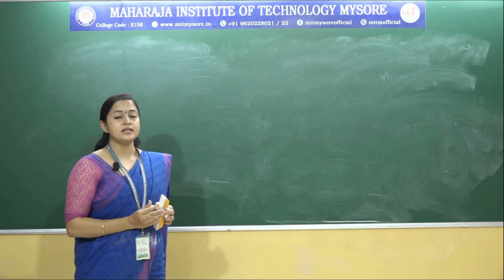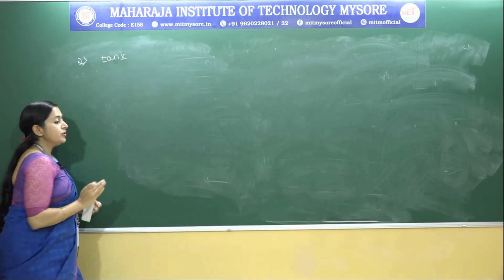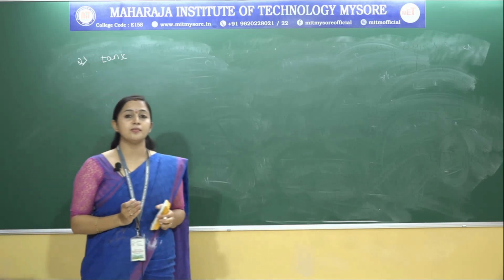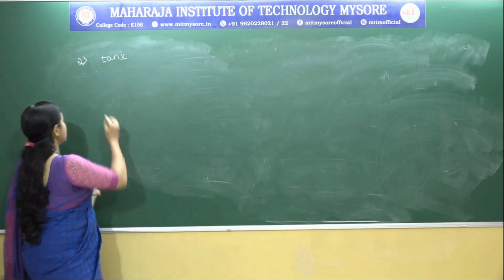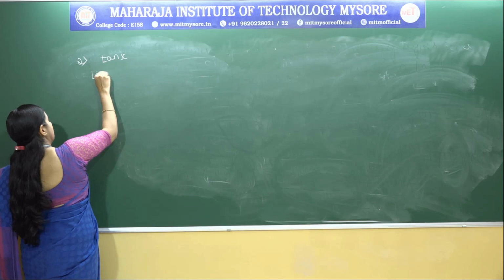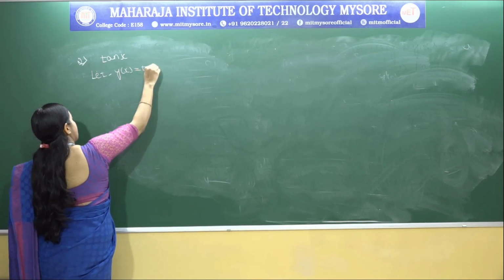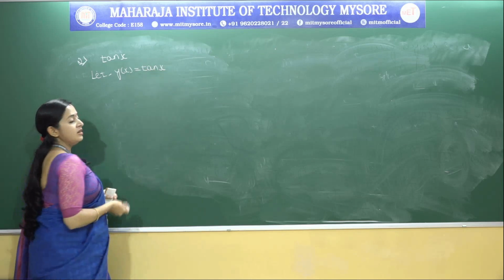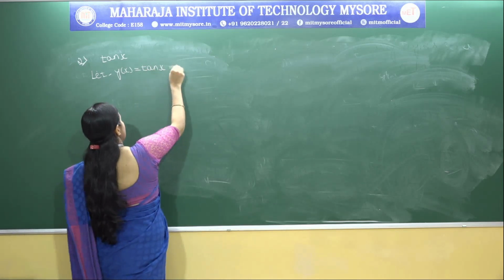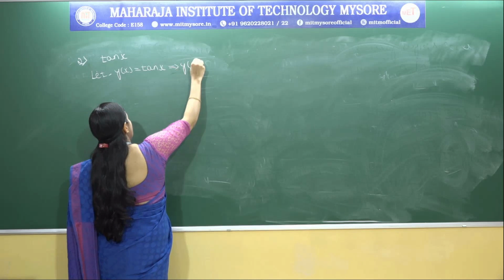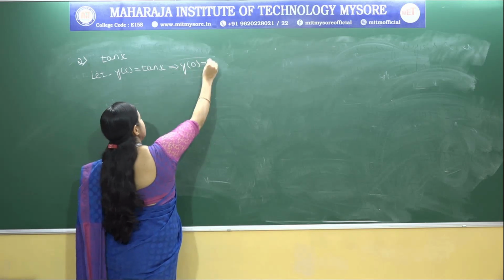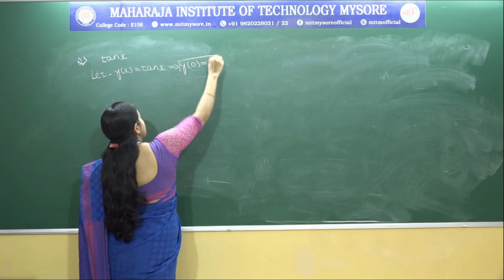The next series is the tan x series. How to expand tan x using the Maclaurin series. First you take this function, let y of x equals tan x. Then first, you put x equal to 0 in this step itself: tan 0 equals 0.